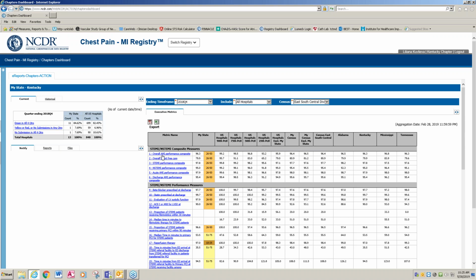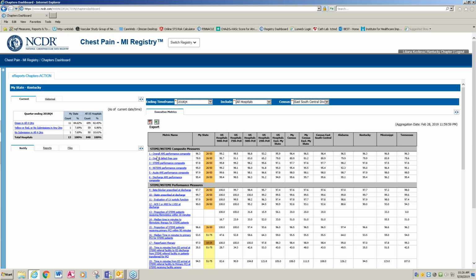Many of you know that this is endorsed by the National Quality Forum, and it's also endorsed to be publicly reported data. So all of you that consented with ACC to publicly report data on CardioSmart, this will be published at the end of the year.